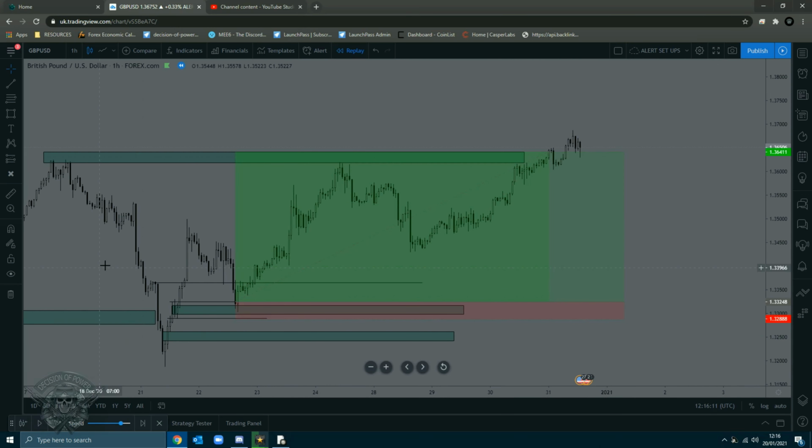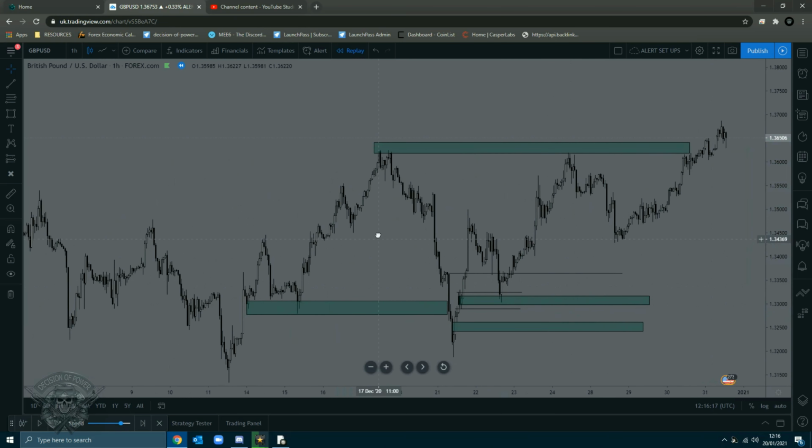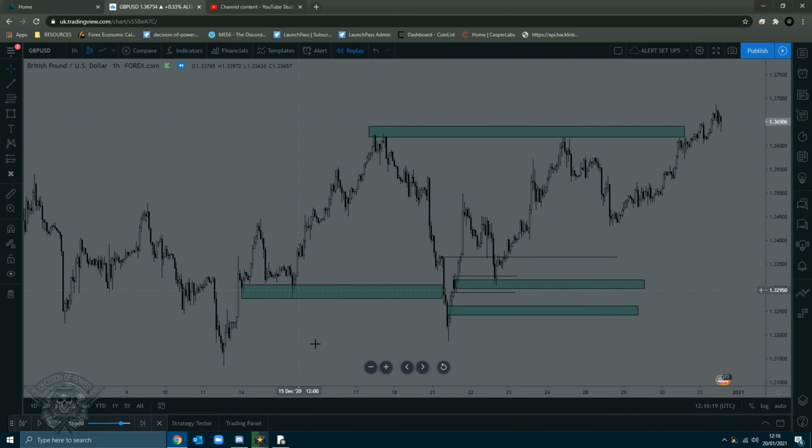The point of this video really wasn't for target identification, but it's just something extra that you can use to assist you with any back testing that you want to do. If you're going to do back testing, go onto TradingView, you can get a free account, and at the top of the screen you can see the replay feature.